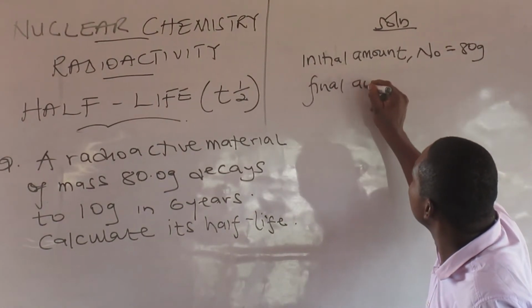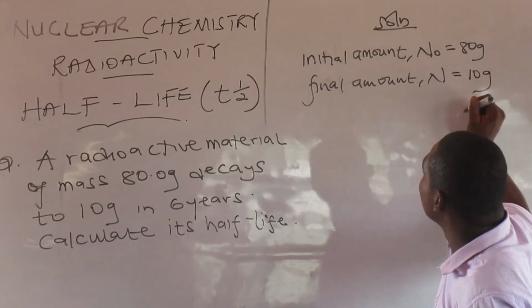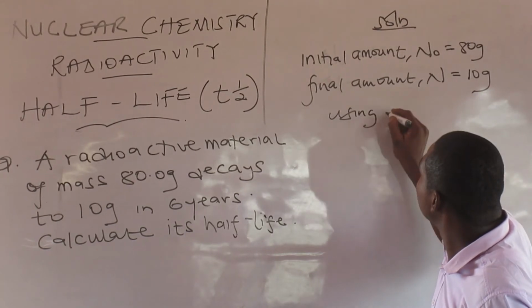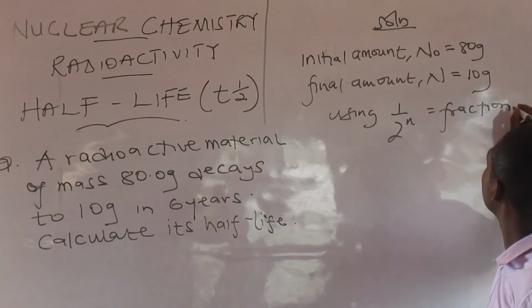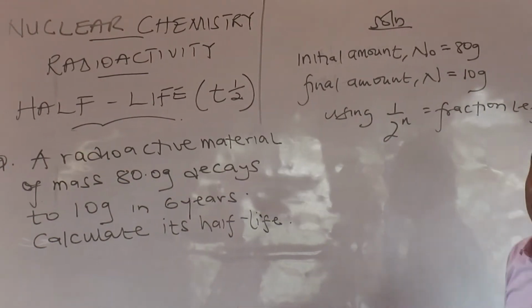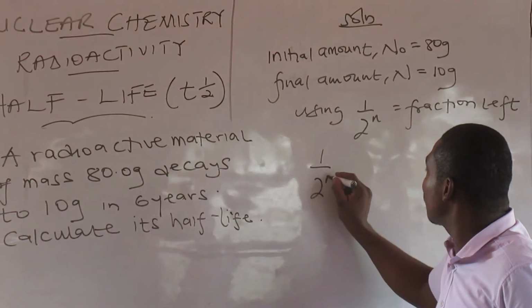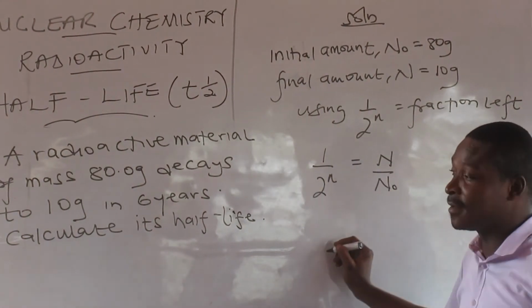Final amount, that is n. Good. So using the relation (1/2)^n equals fraction left, I'm going to use a fraction left approach, right? So let's go. I have (1/2)^n here. That is final over initial. Remember?